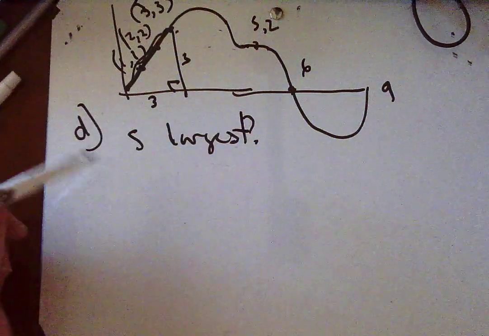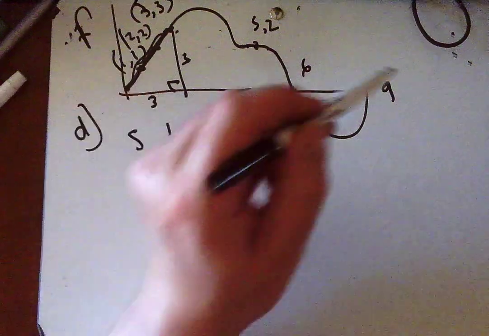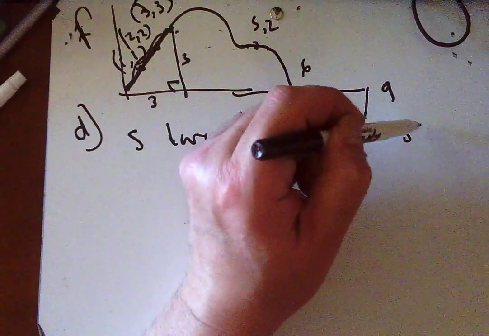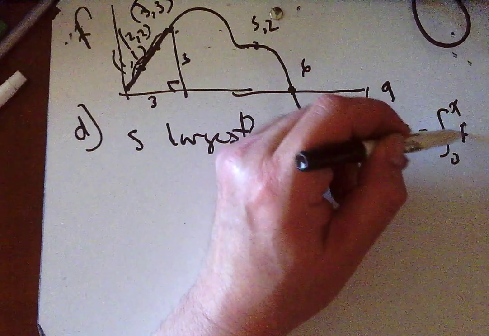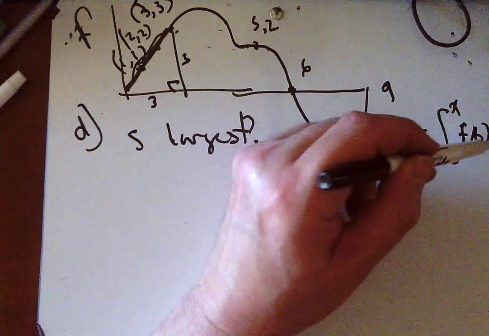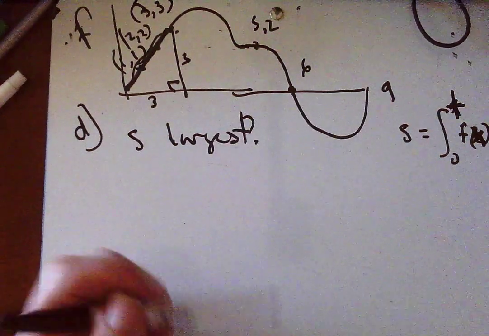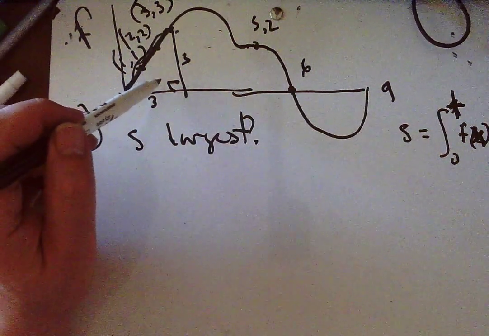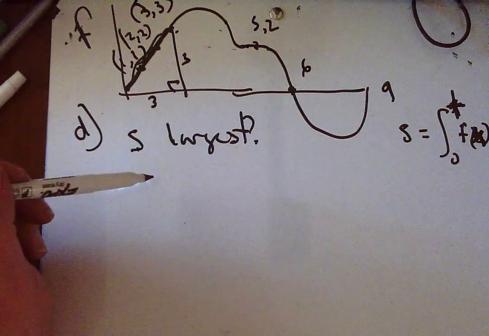S is largest. Well, this is not a graph of S. This is a graph of f, and we're told that S is actually the integral of f of t dt. Or I guess these were x's and this is a t. So I know I'm looking at a velocity graph here. So how is that going to help me figure out when S is largest?